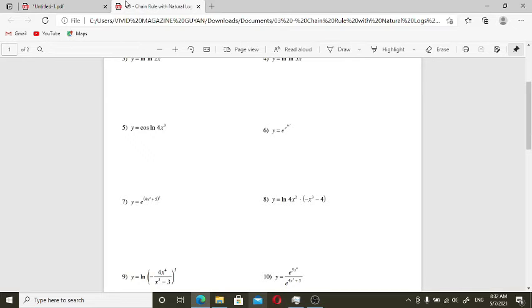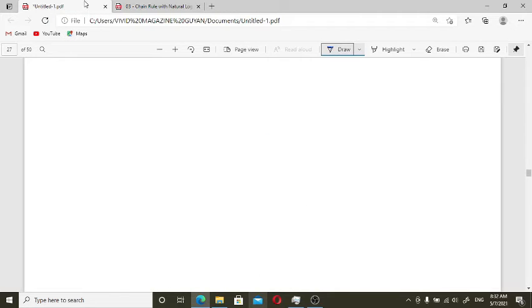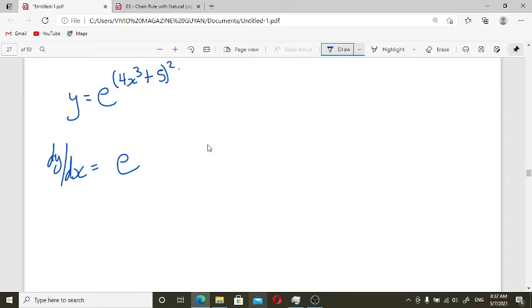So this is actually a lot to take in for number 7. So y is equal to e to the bracket 4x cubed plus 5 close bracket squared. So dy upon dx, you write back what e to the x is, in this case e to the 4x cubed plus 5 squared.